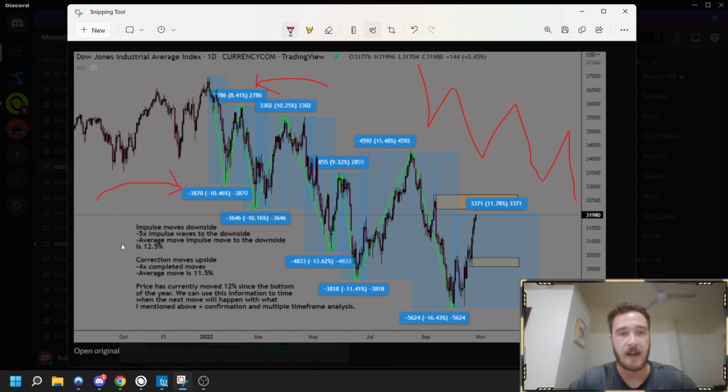And I figured out that the average impulse wave to the downside was 12.5%. That's just the average. Could be more, could be less. And then the average correction move was 11.5% over here. Okay, so prices now just made a 12% correction move. I'm thinking in my head, well, I think we're going to have a poor economy.